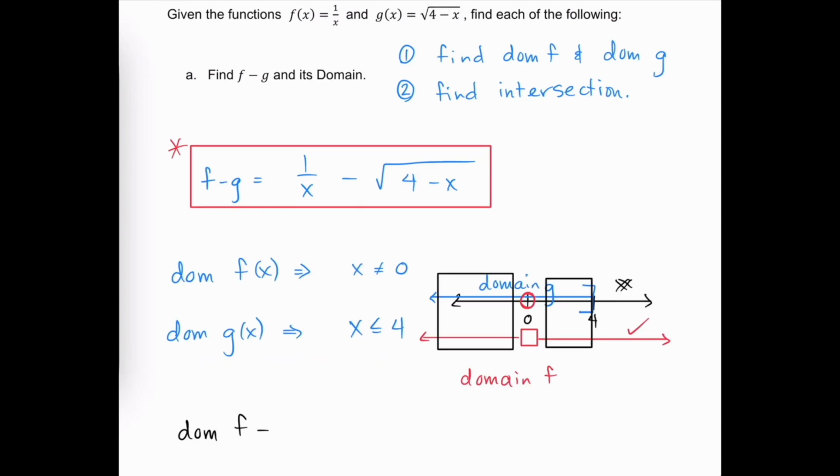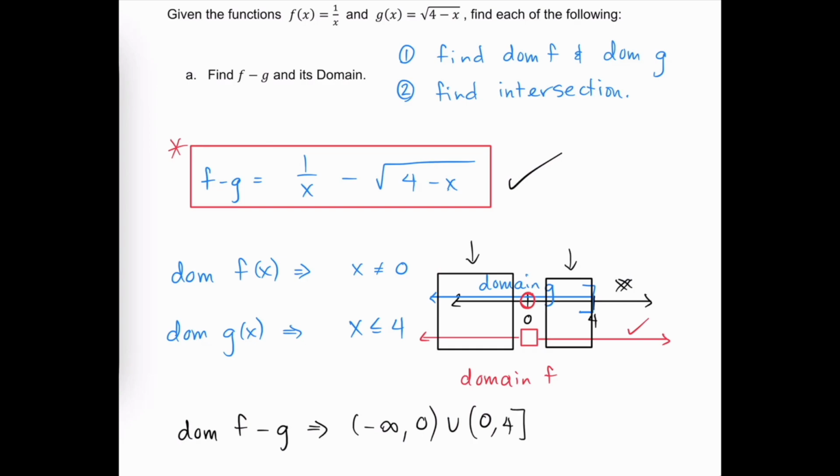To write the domain of f minus g in interval notation, we'll say that any x value can be plugged into this function and generate a real number output if that x value is in the interval that starts from negative infinity and goes up to 0. We have to leave out 0 because 0 does not work in f. So we stop and then start with 0 in the next interval, which goes from 0 to 4.